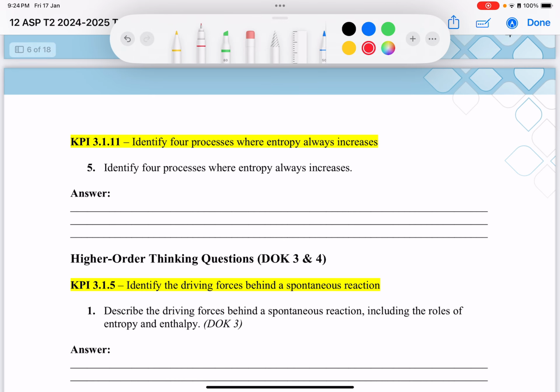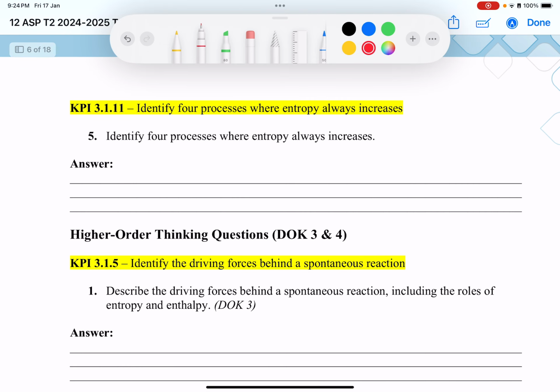Now, identify 4 processes where entropy will always increase. Immediately think about the phase changes. So, solid to liquid. You could say melting of ice, melting of a metal, melting of sodium chloride, any melting process. Also, liquid going to gas, any evaporation process: evaporation of water, alcohol, benzene, ethanol, anything.